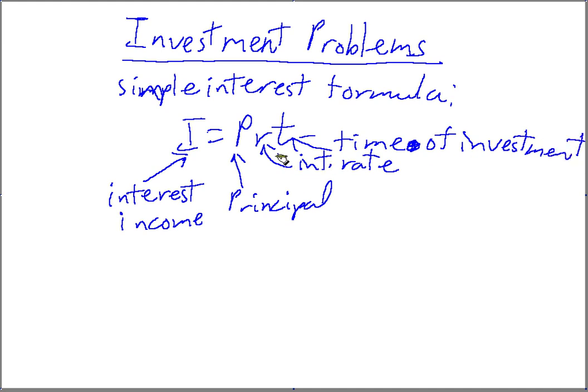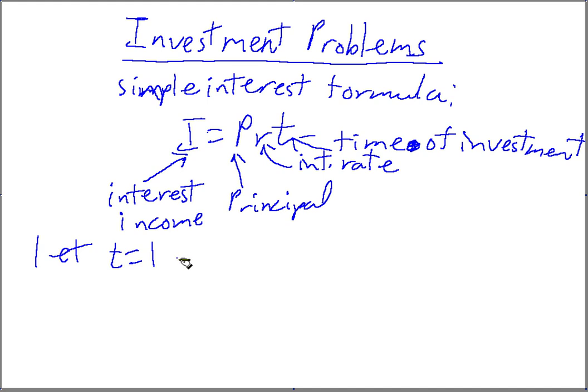Alright? Now, for the purposes of the problems in this section, we're just going to invest the principal into a 1-year account. So, therefore, T is equal to 1 for the homework problems in this section. Alright? So let's let T equal to 1 for 1 year.